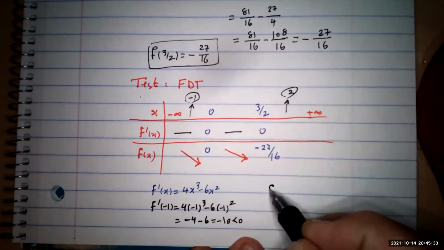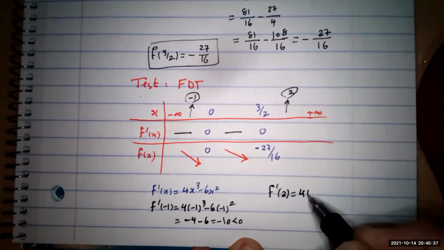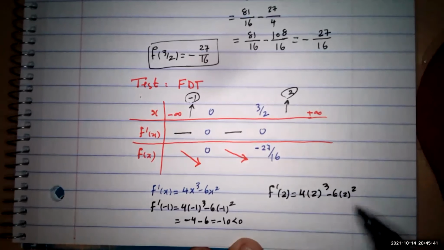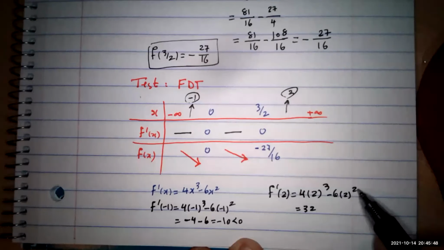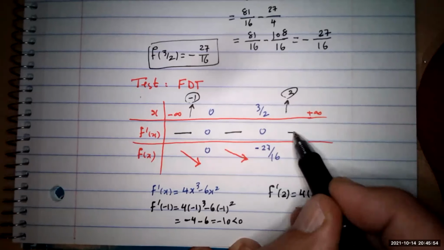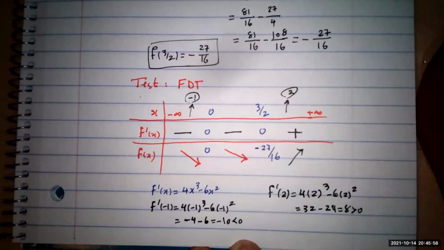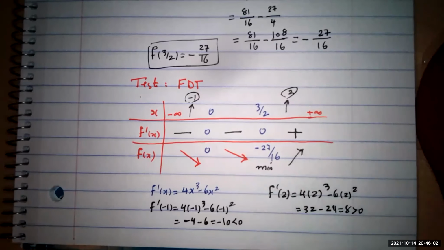So f prime of 2 would be 4 times 2 cubed minus 6 times 2 squared. 2 cubed is 8, 8 times 4 is 32. 2 squared is 4, 4 times 6 is 24. That's 8, a positive number. So this is positive. Positive means up. So this function would have only a minimum, no maximum in this case.